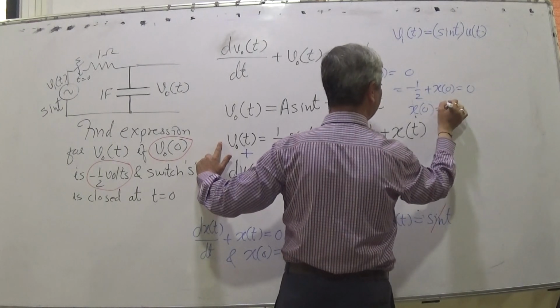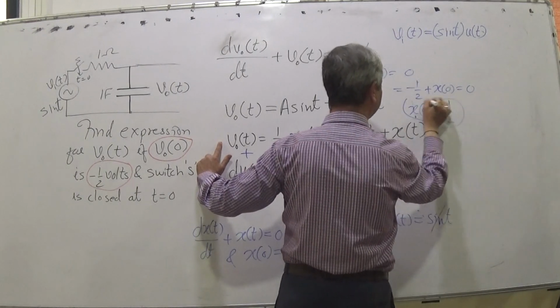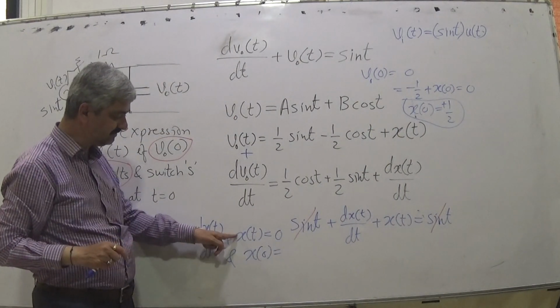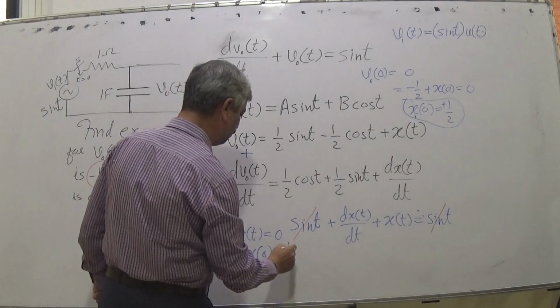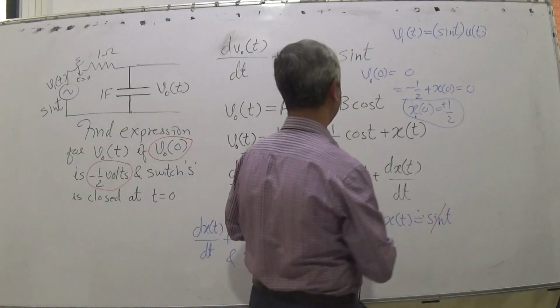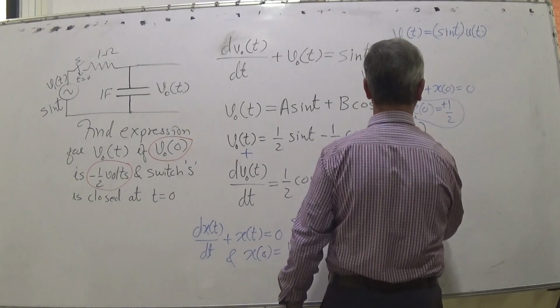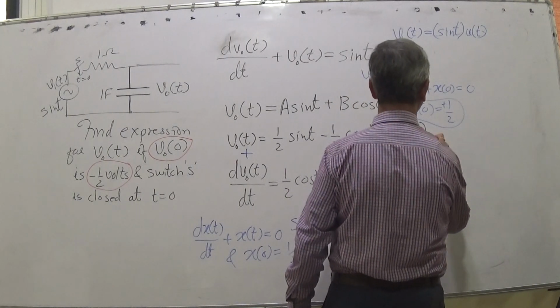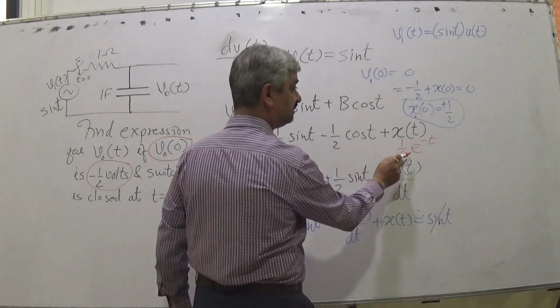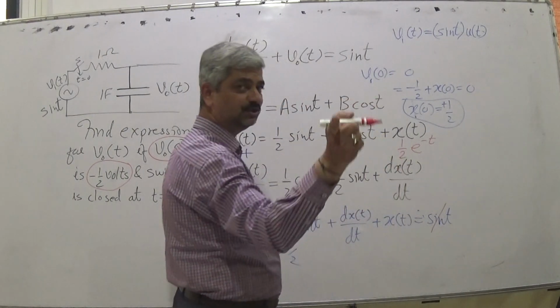So the differential equation dx(t) by dt plus x(t) equal to 0 with x(0) as half, and we said that x(t) was half e raised to minus t. So half sin t minus half cos t plus half e raised to minus t was the solution.